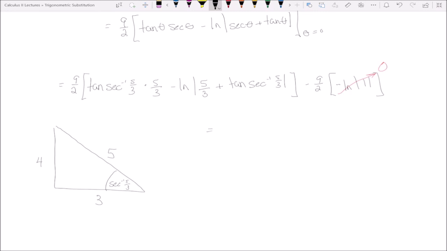So this becomes 9/2 times the quantity, 4/3 times 5/3, which is 20 over 9, minus natural log of the absolute value of 5/3 plus 4/3.